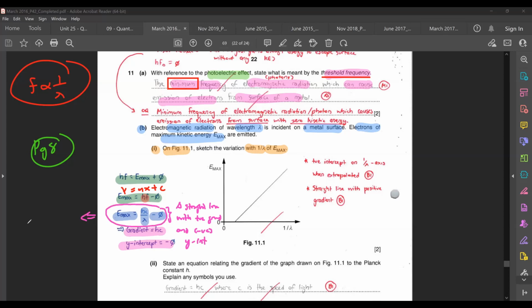If I try to rewrite it properly, this one is actually Emax equals hc times 1 over lambda minus phi. You can clearly see that it will be a straight line with positive gradient and negative y-intercept. Here you can see that this one is positive gradient, this one here is negative y-intercept.